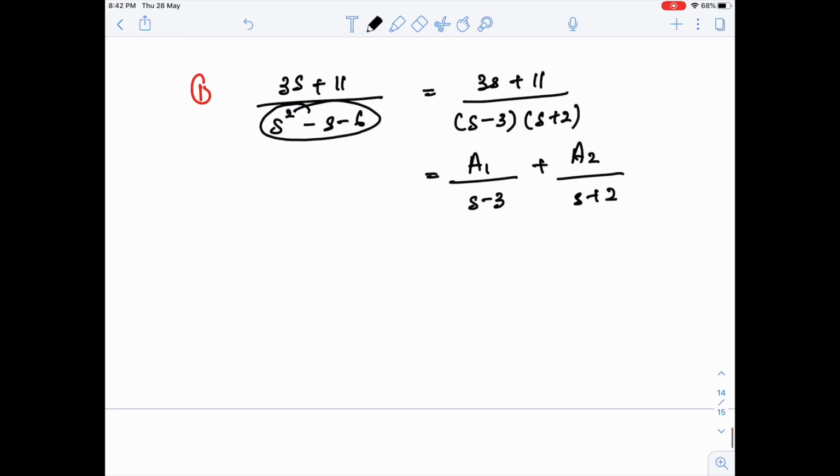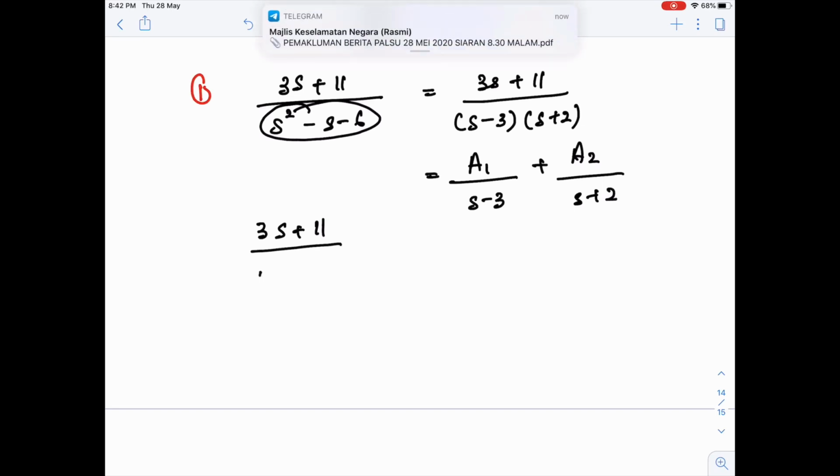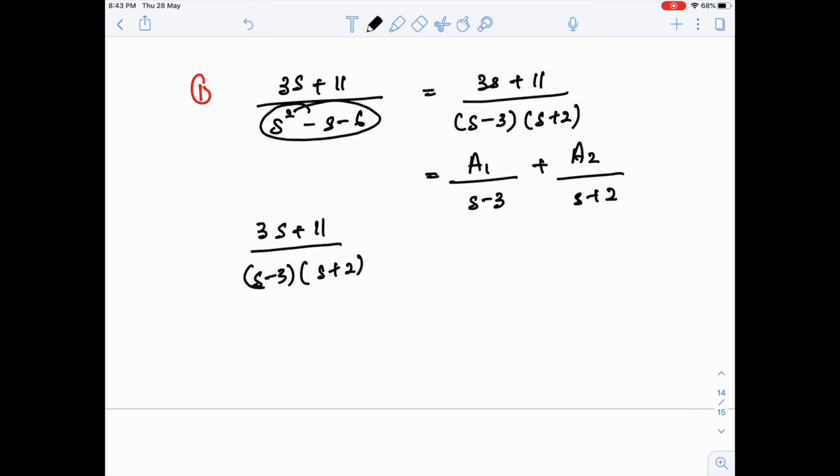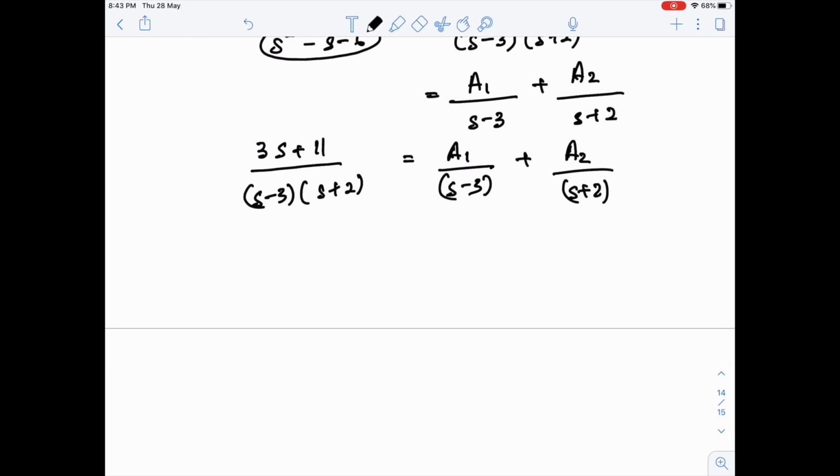So we have (3s + 11) over (s minus 3)(s plus 2), equal to a1 over (s minus 3) plus a2 over (s plus 2). We need to make the denominator just like the left hand side.